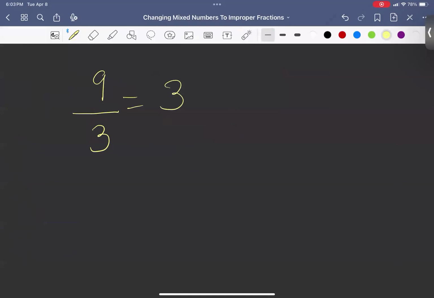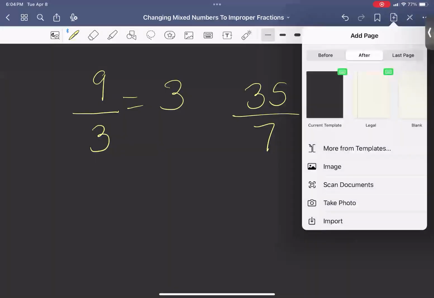Sometimes when you divide, if the number you're dividing is a multiple of the denominator, so 9 is a multiple of 3, you're going to get a whole number like that. Same thing would go for, let's say you have 35 over 7. 35 divided by 7 is 5.